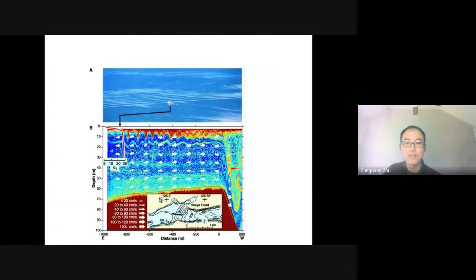And this is the underwater observation. I think this is acoustic backscattering, if I'm not mistaken. This is what you see from the surface: you have an ocean, you see the surface signature of internal waves, and you have a ship doing the experiment, collecting data.